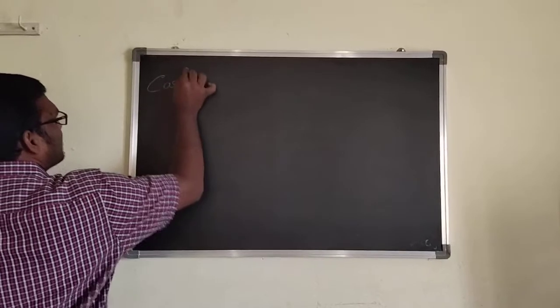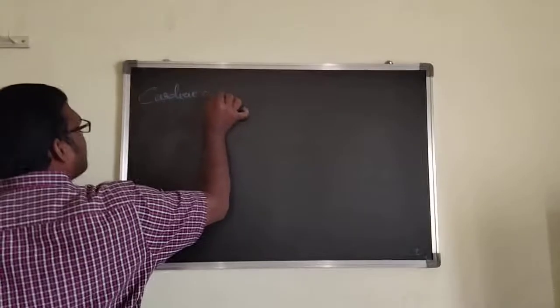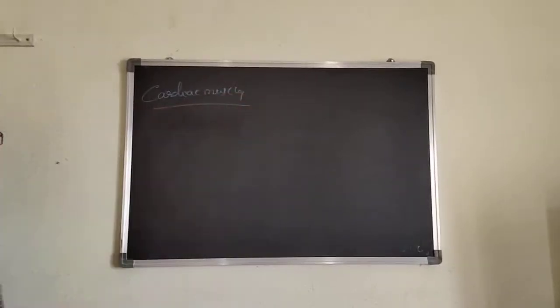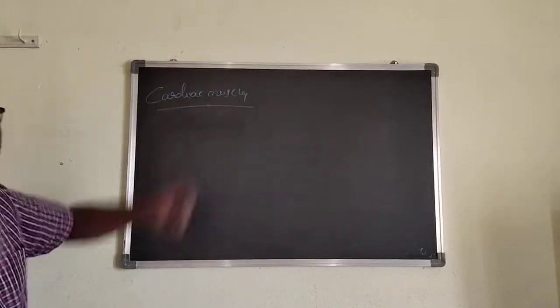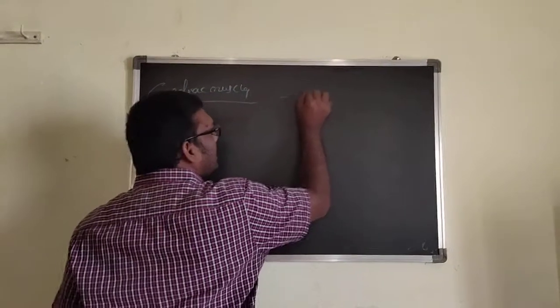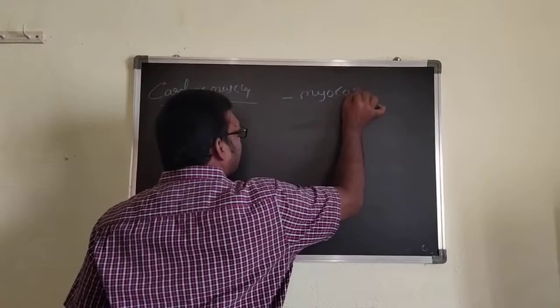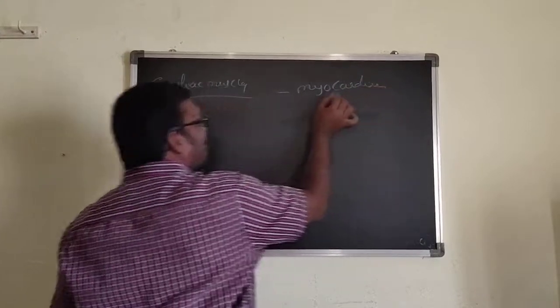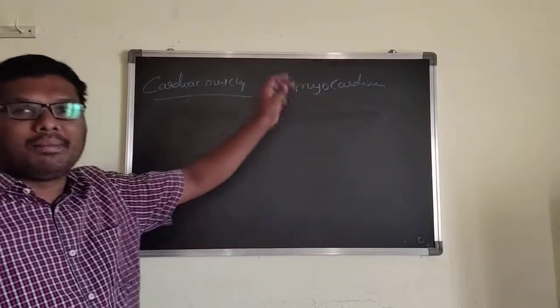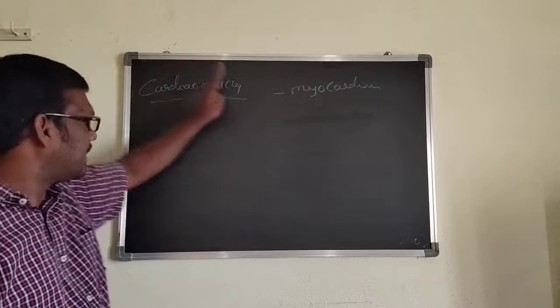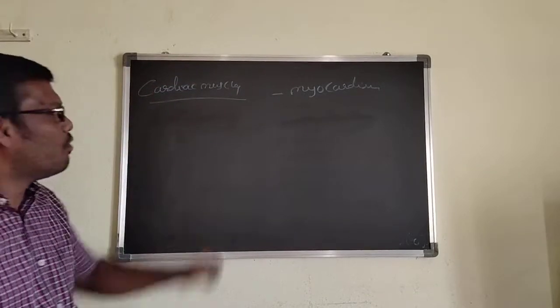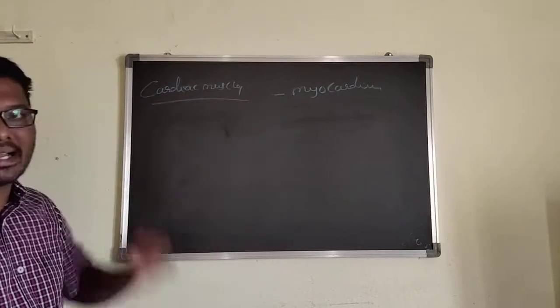Now, the next one is cardiac muscle. You know, very familiar. Cardiac muscle is present in the heart, that is the myocardium. Myo indicates muscle, cardia means heart. Heart muscles, those are the cardiac muscles. What are the characteristics of these cardiac muscles?